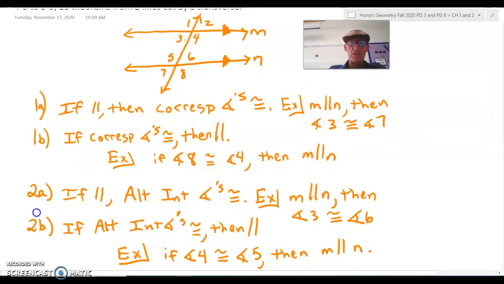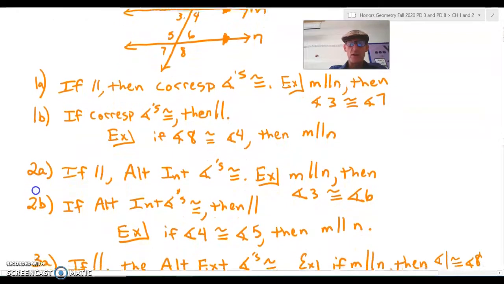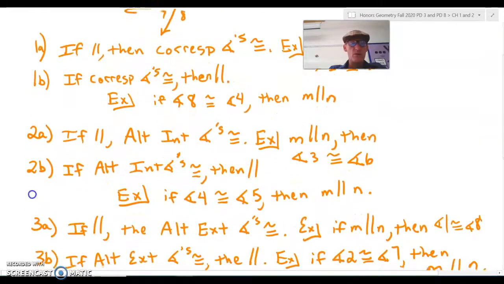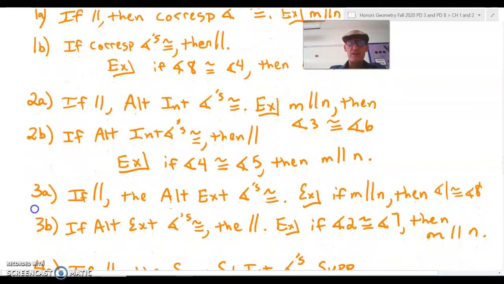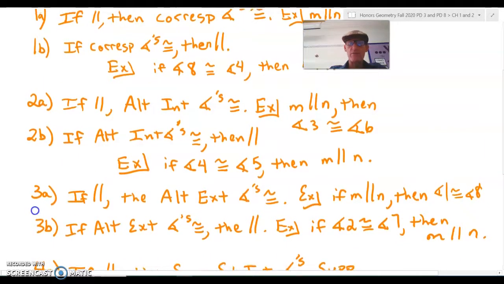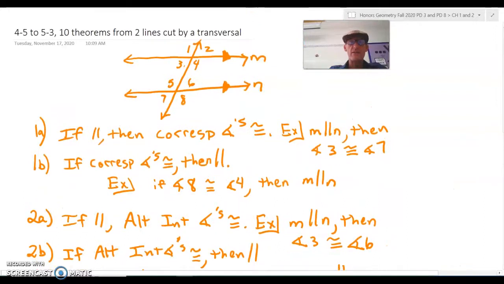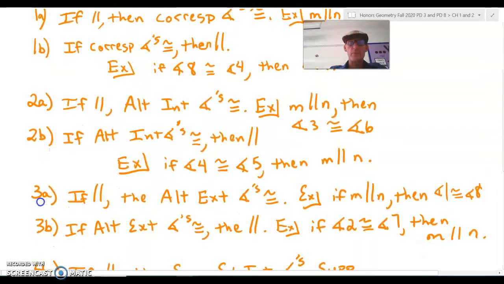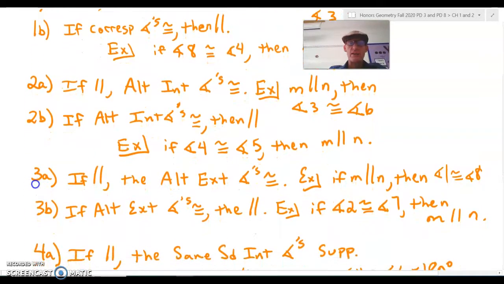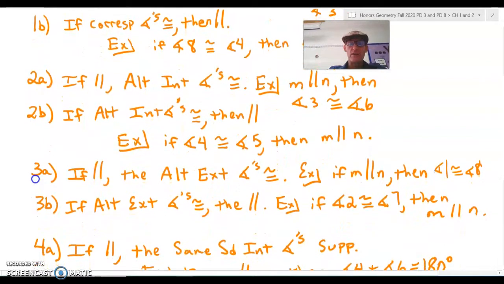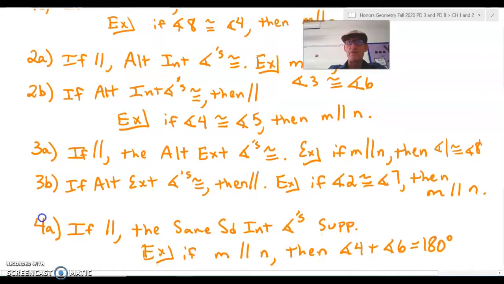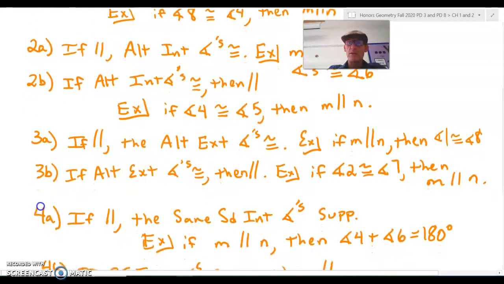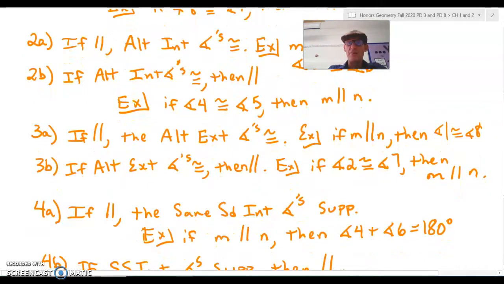If the alternate interior angles are congruent, then the lines are parallel. 3A, if the lines are parallel, the alternate exterior angles are congruent, like angle 1 and angle 8. If the alternate exterior angles are congruent, then the lines are parallel. If angle 2 is congruent to angle 7, for example, then M is parallel to N.